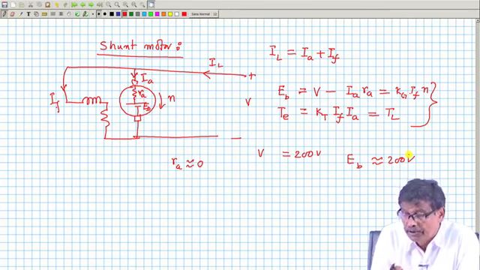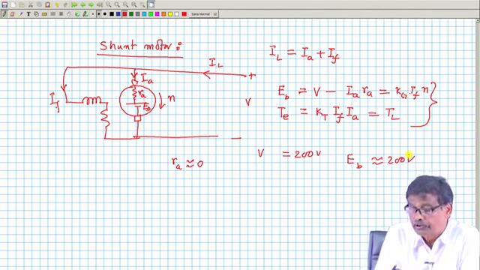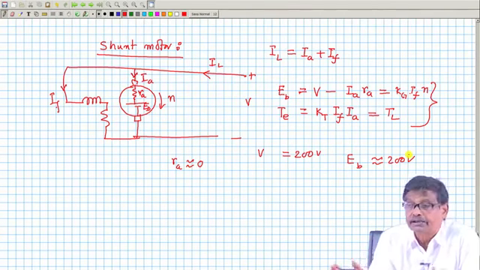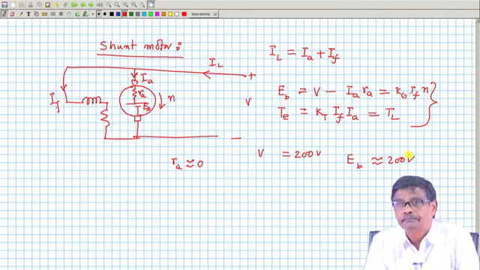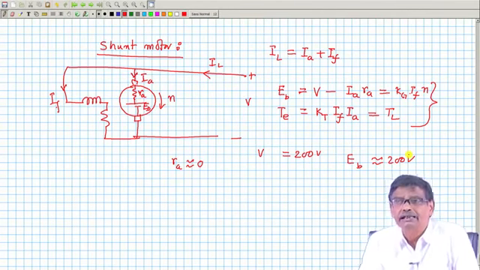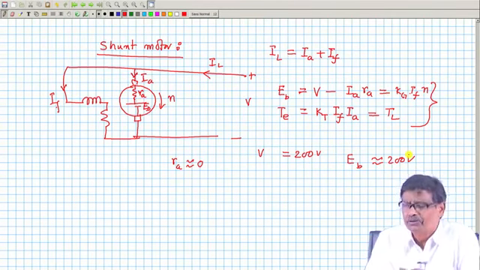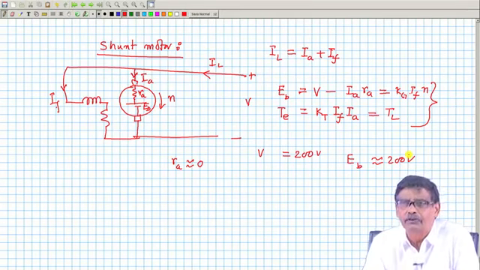And when I say 200 only, no matter at what speed and what armature current it is drawing, because the IRA drop is negligibly small. Suppose here I have used very good conducting material for the armature, so that resistance is very small.